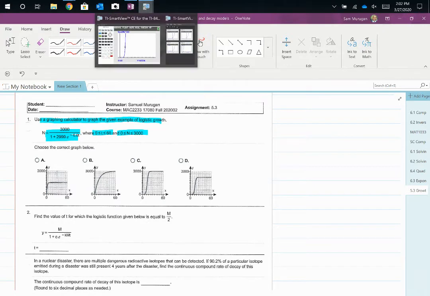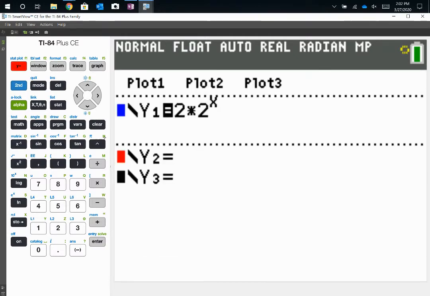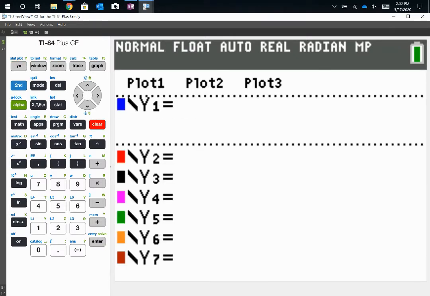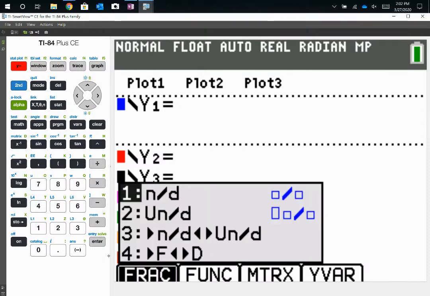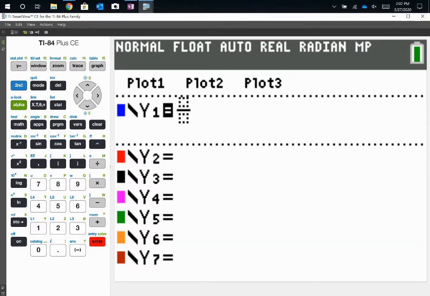So let's put this in our calculator. Be very careful putting this in. Okay, so I'm going to use the fraction bar, type in my numbers over 1 plus 2999 e to the power negative 0.6 t. So in place of t, we're going to use x.